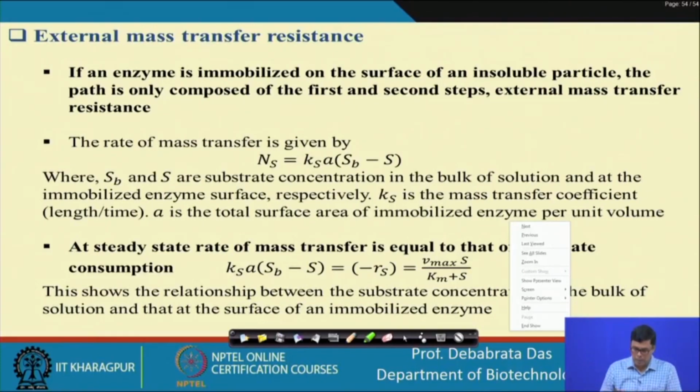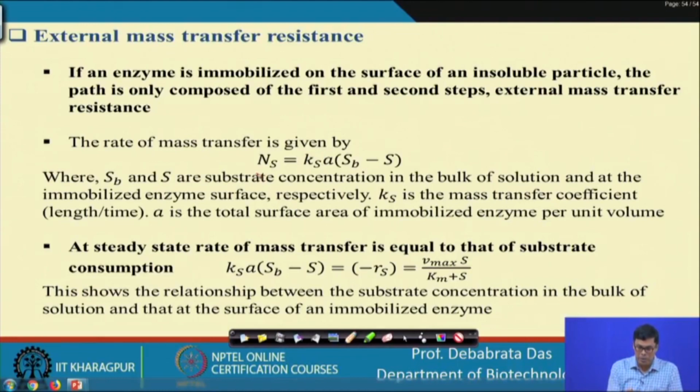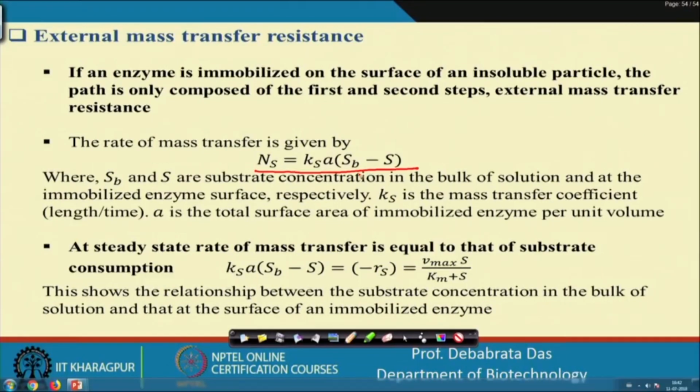Now here you see that the rate of mass transfer can be expressed by Ns equal to Ks A into (Sb minus S). So what does it mean? Ks A is considered the volumetric mass transfer coefficient.